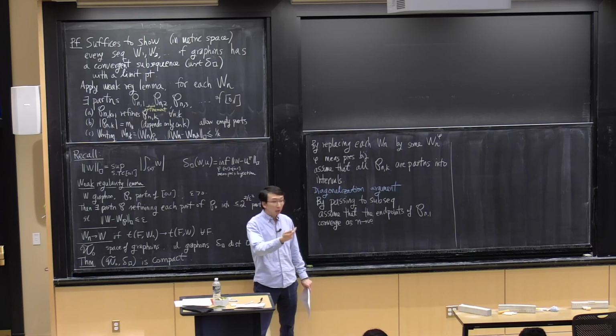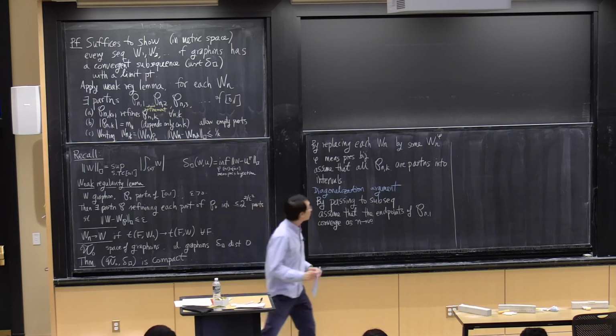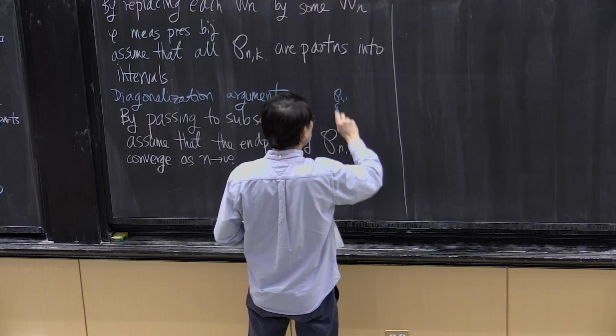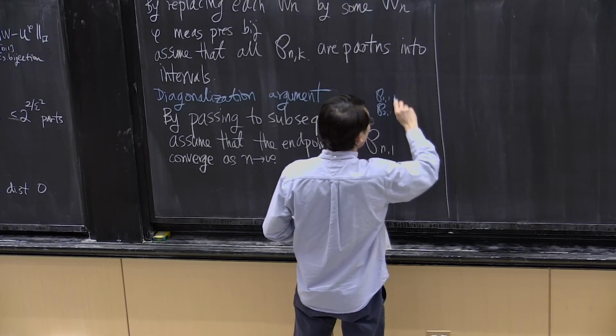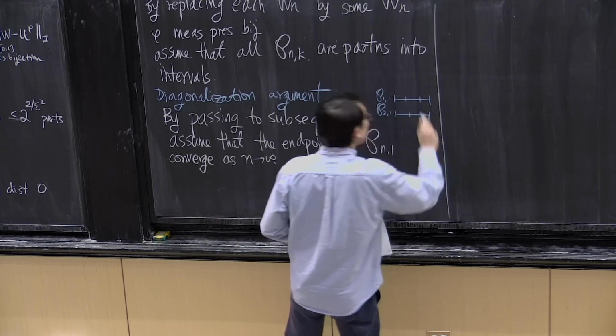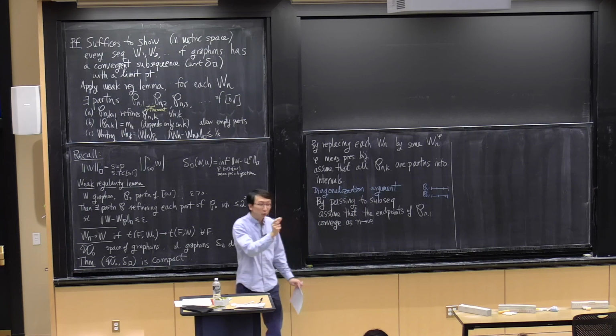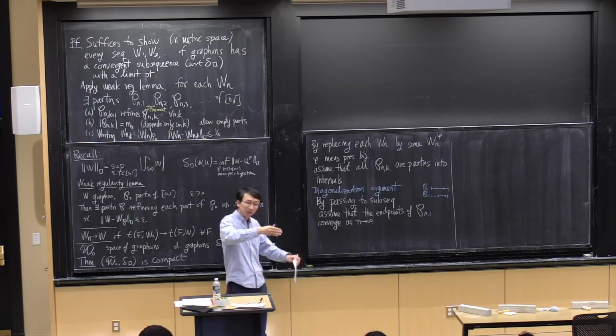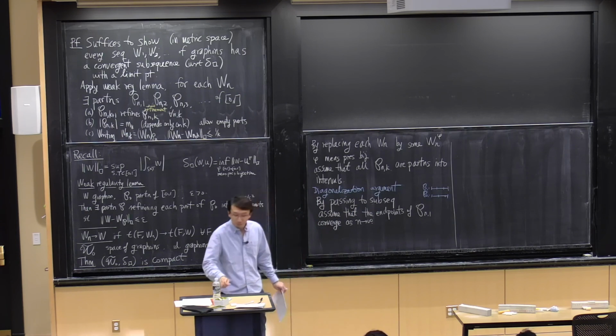So each P sub n1 is some partition of the interval into some fixed number of parts. So by passing to a subsequence, I make sure that the division points all converge.